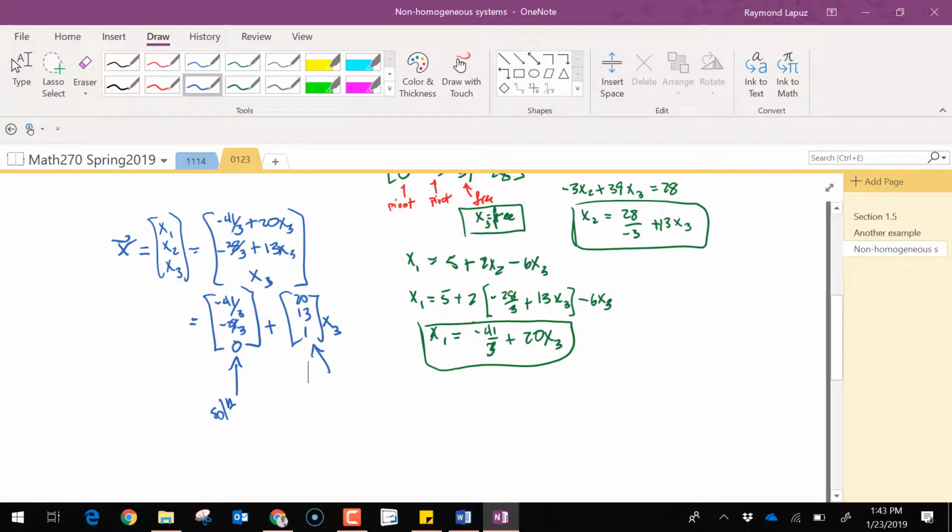So where does it go through? It goes through this point, negative 41 thirds, negative 28 thirds, and 0. If I were to plot that point, it should be within the intersection of those two planes. We'll do that in a minute, but can you look at this and see if it makes sense? Do you have any questions?